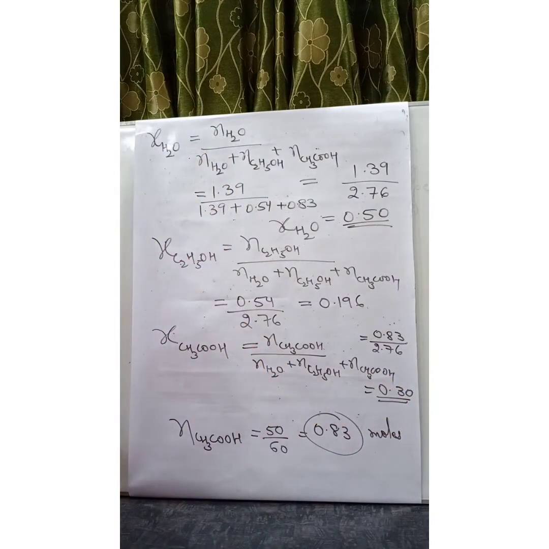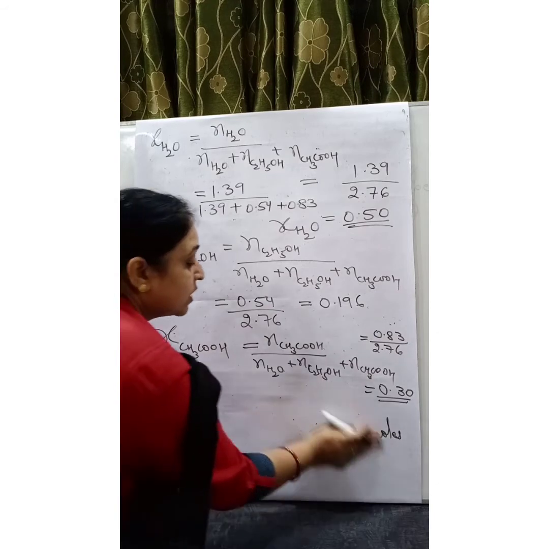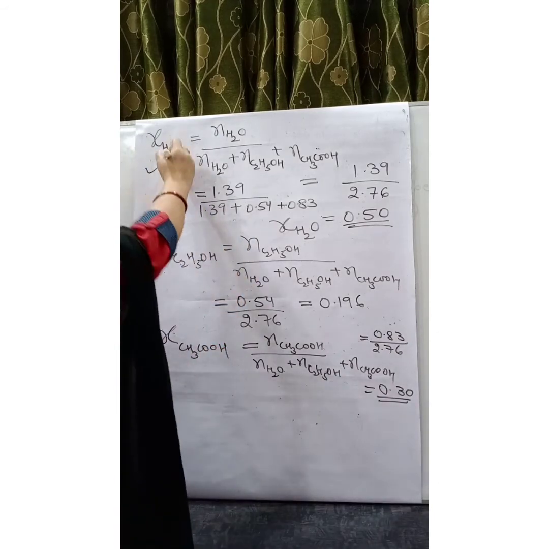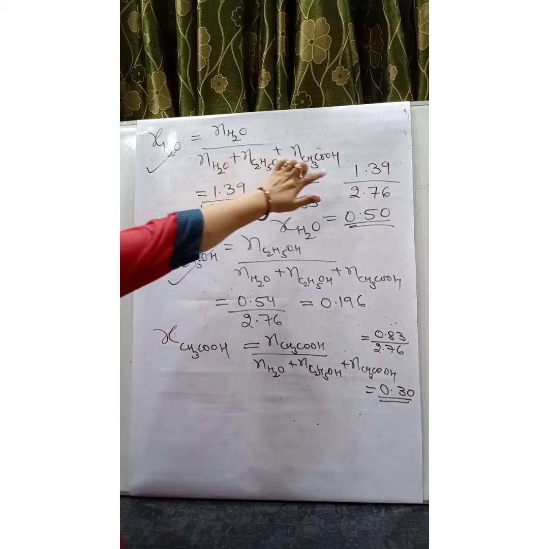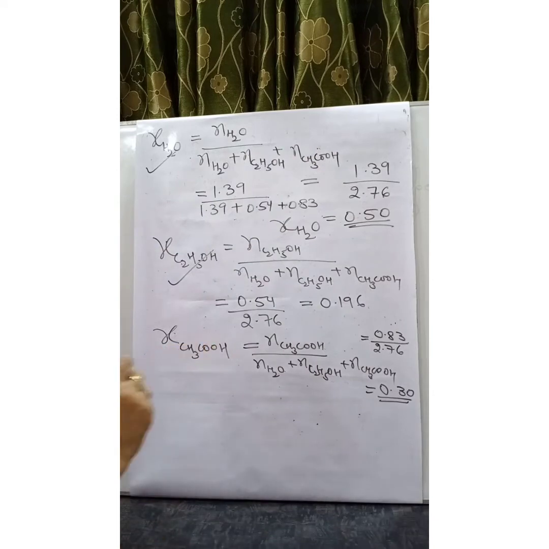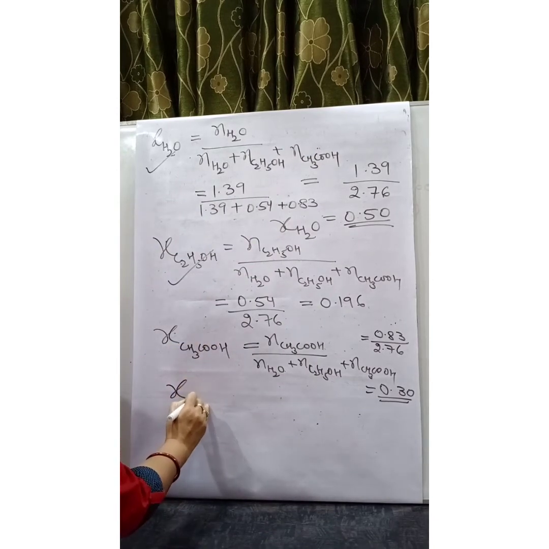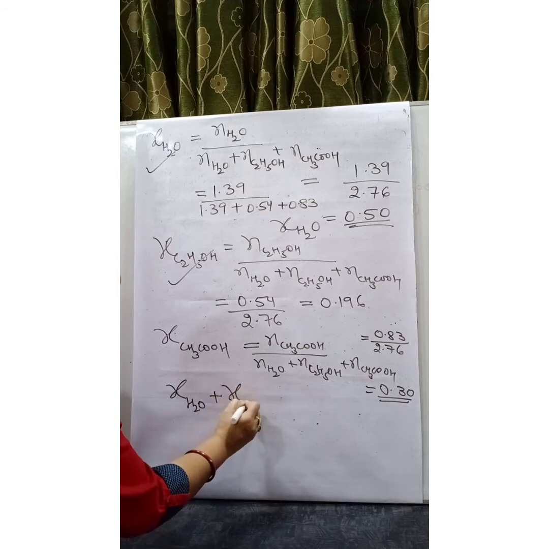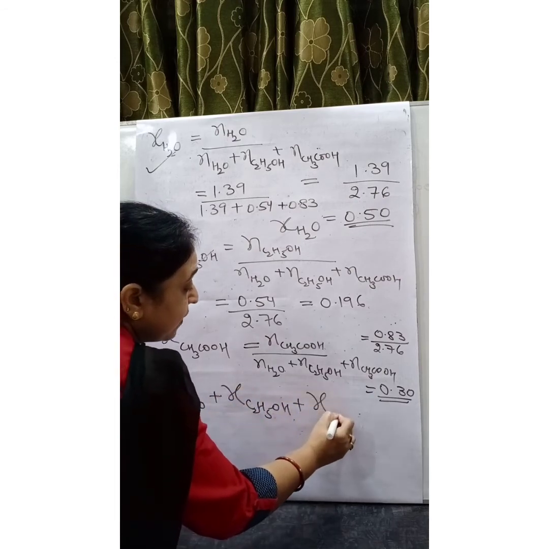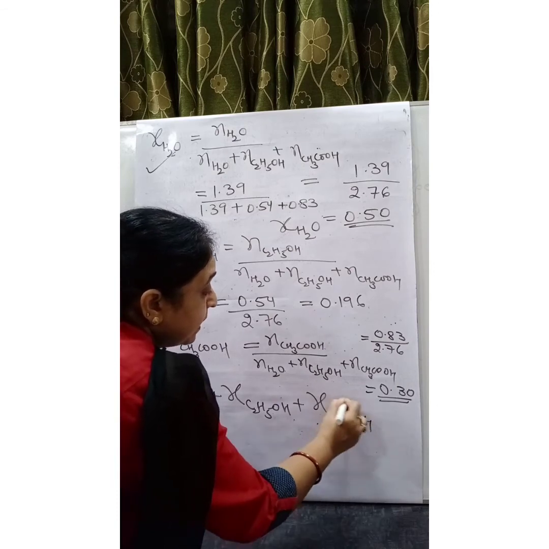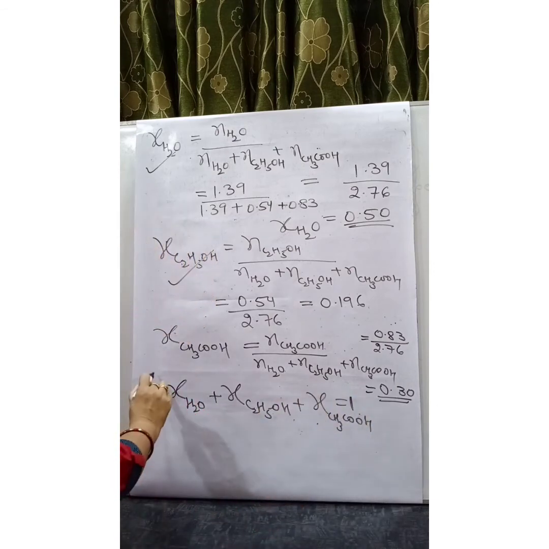There is one more way of calculating the mole fraction of acetic acid because I have already calculated these two. The sum of mole fractions of all the components present in the solution is always unity. You have calculated for two components, so for the third component, mole fraction of water plus mole fraction of ethanol plus mole fraction of acetic acid should be equal to 1, unity.